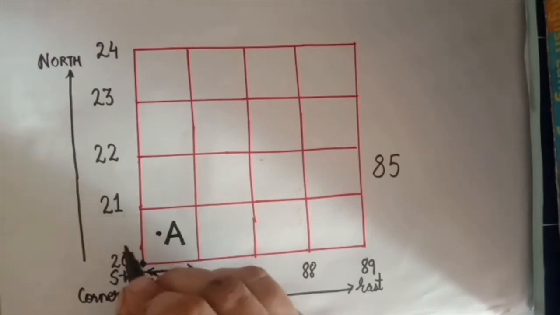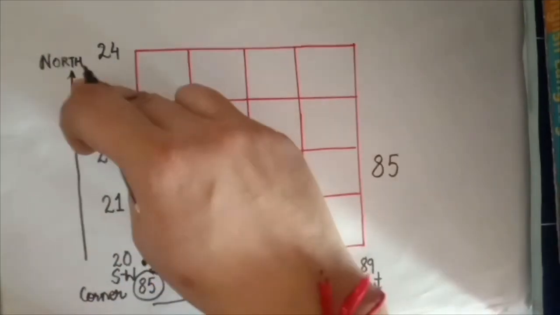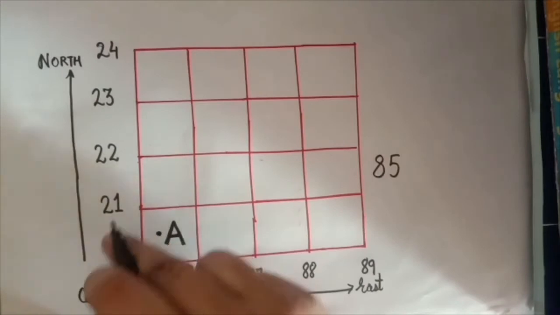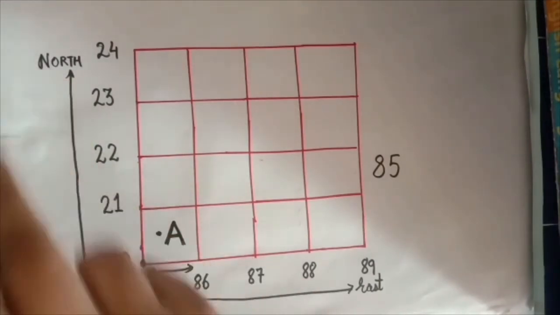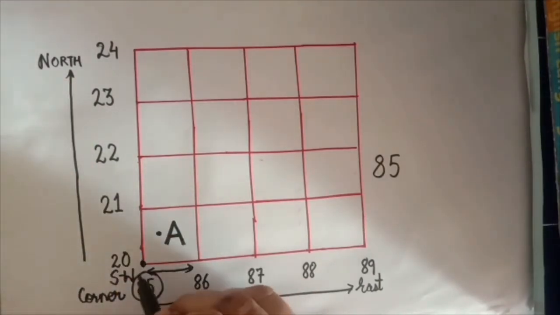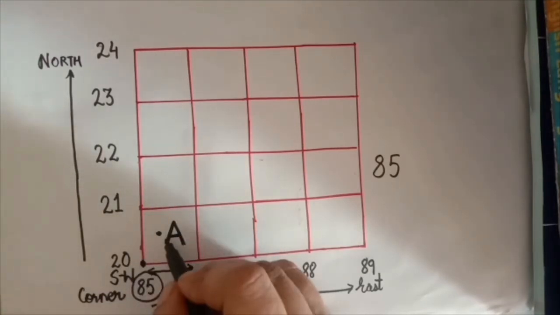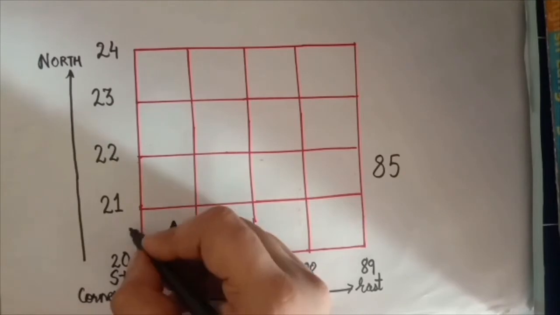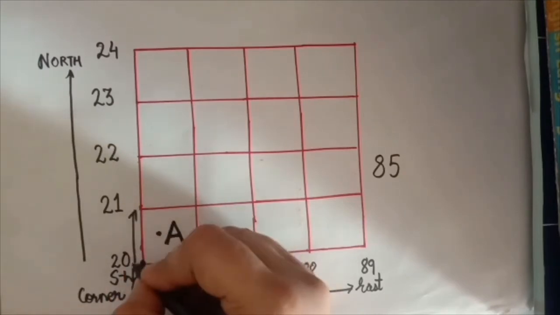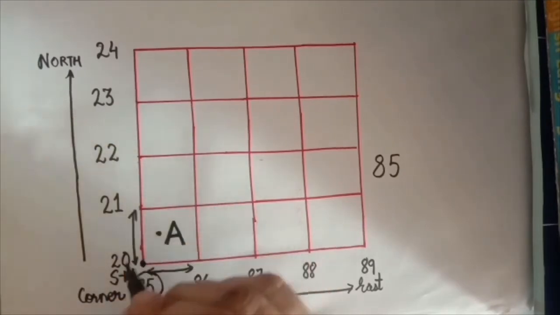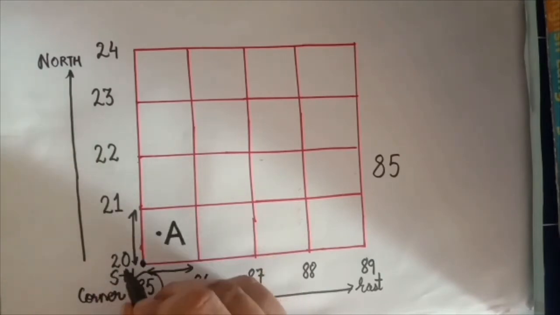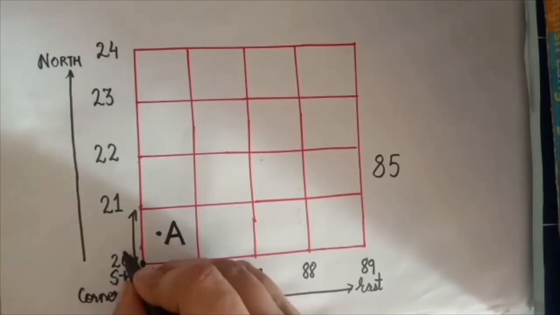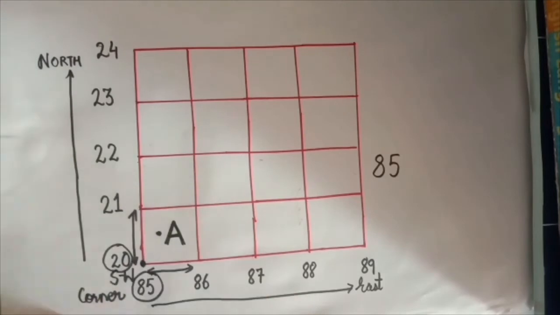Now, let us read its northings towards the north of the southwest corner. Between which two northings does place A lie? It lies between 2,0 and 2,1. Which is the lower value among these two? Yes, it's 2,0.